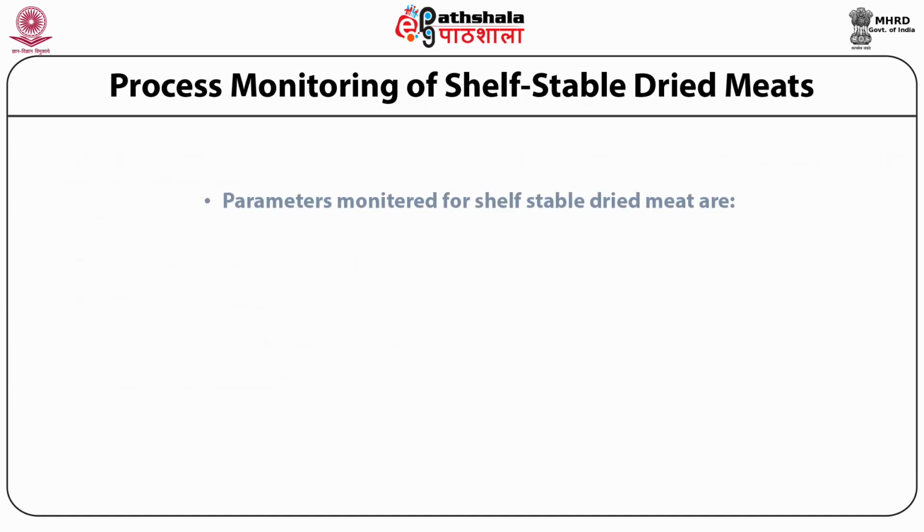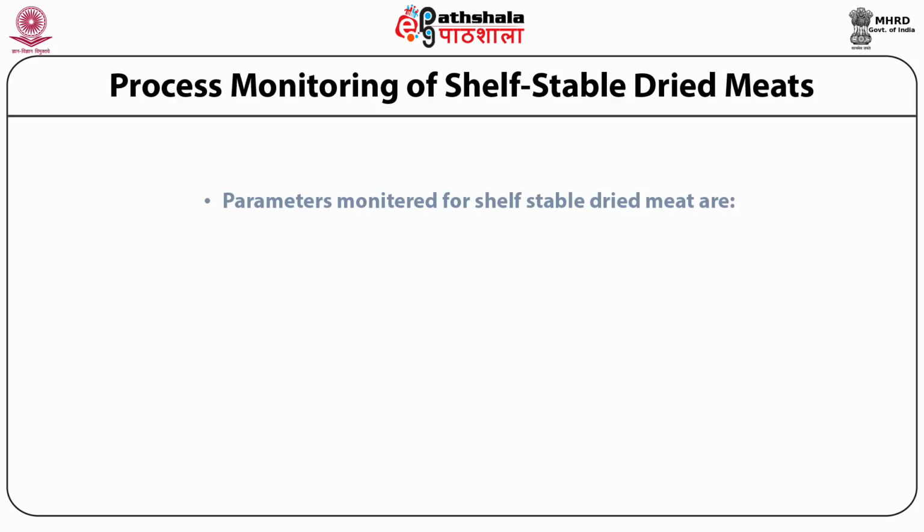Many parameters are monitored in the formulation and processing of shelf-stable dried meats. Most of these are control points for product quality, total contamination, relevant meat pathogens. Only a few are true critical control points for product safety.